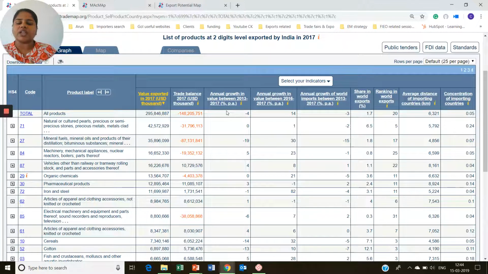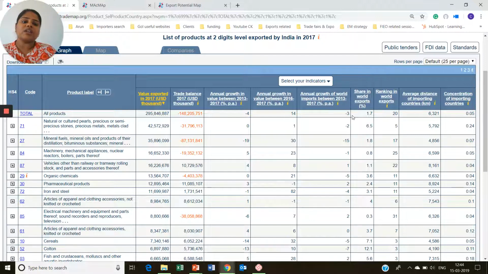That means we may be able to give a competitive price in the international market year on year, or we can say there is a quantity reduction, but this is just an overall understanding. Next, in the most recent year there is a rise in the value, that is 14 percent. This is on average including any product exported from India, so it's an overall value.